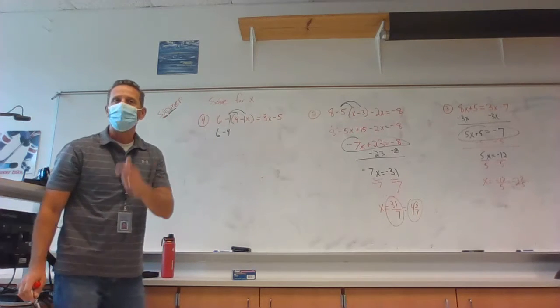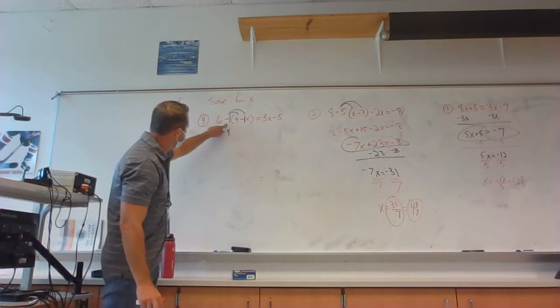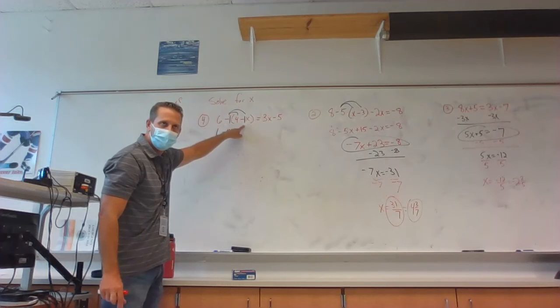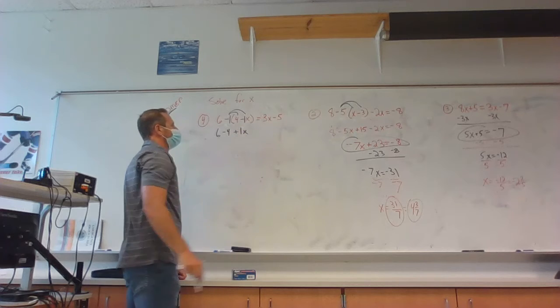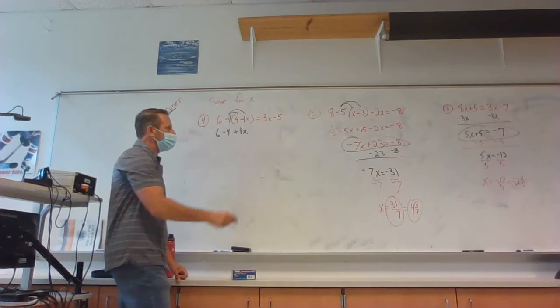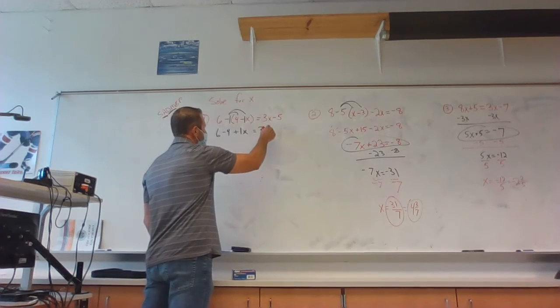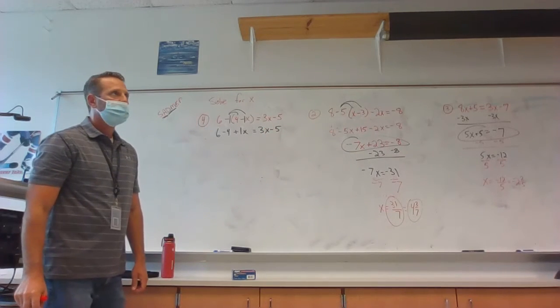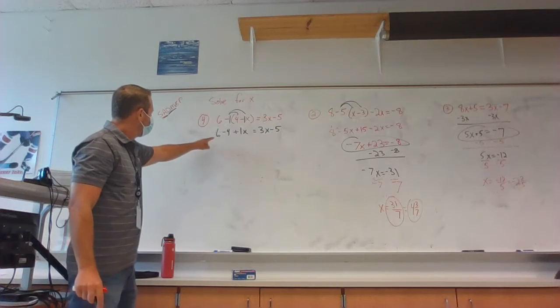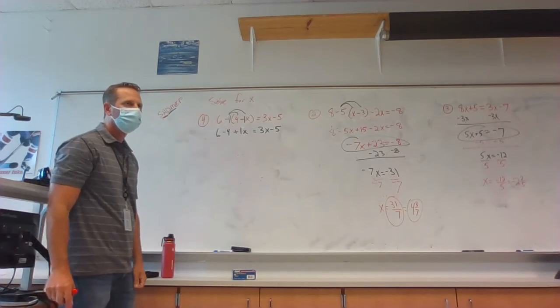There's a negative 1 in front of there if we don't have it. A negative 1 times a negative 1 is a positive 1x. The x is attached. Equals 3x minus 5. All right? 6 minus 4 is 2.